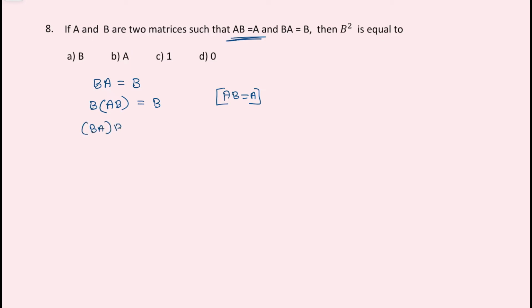Change the brackets. So in this we have used the associative law. Now BA is B by the second equation, because BA is B given. So we get B square equal to B. So the correct option is A.